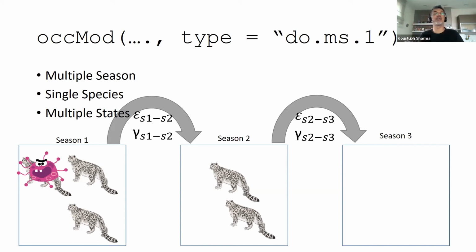So these are the kind of models which can be called multi-state models, where you look at more than just presence and absence, but you grade the presence into categories. It can also be true for a lot of snow leopards, few snow leopards, no snow leopards.